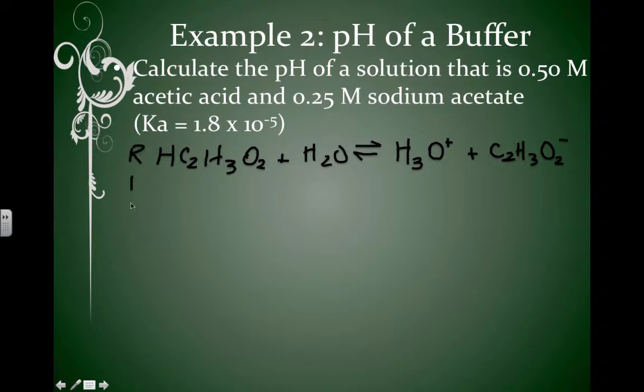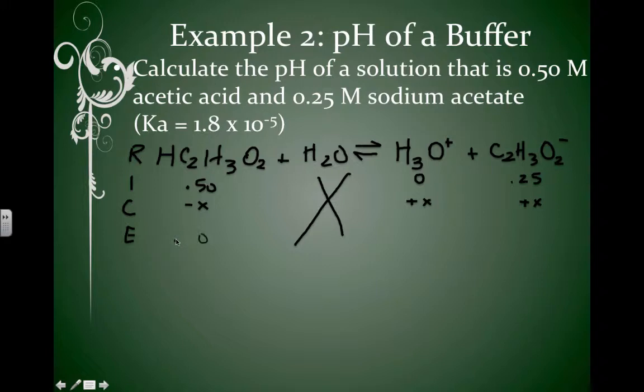Our initial conditions are given to us in the composition of our buffer. So it is 0.5 molar acetic acid. The water doesn't get to count. Hydrogen ions or hydronium ions are not there yet, but the sodium acetate already has 0.25 molar. So we know we'll lose some of our acid and gain some hydronium ions and gain some acetate ions.